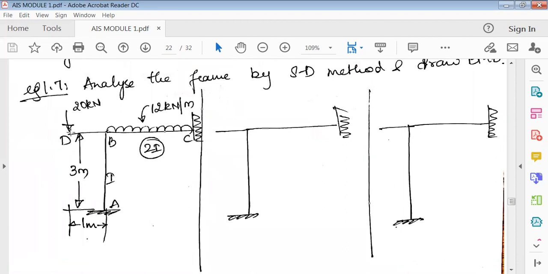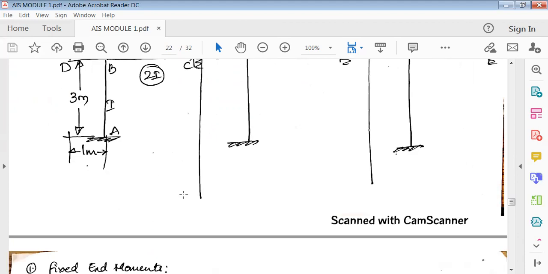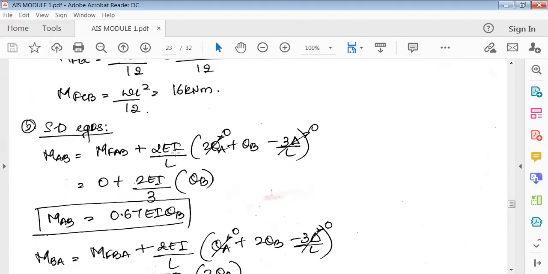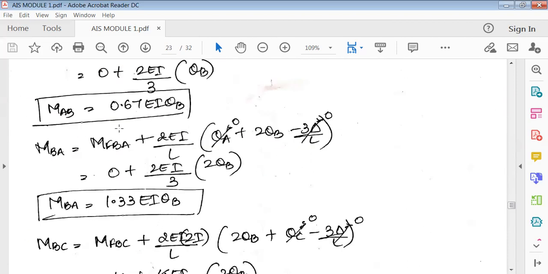Theta D will not exist because the moment at D is 0. So you are left with only the theta B value. So MFAB plus 2EI by L, 2 theta A plus theta B. Theta A is 0. There is also no settlement, 0. Then substitute the values, so you're left with 0.67 EI theta B. So it's equation number 1.